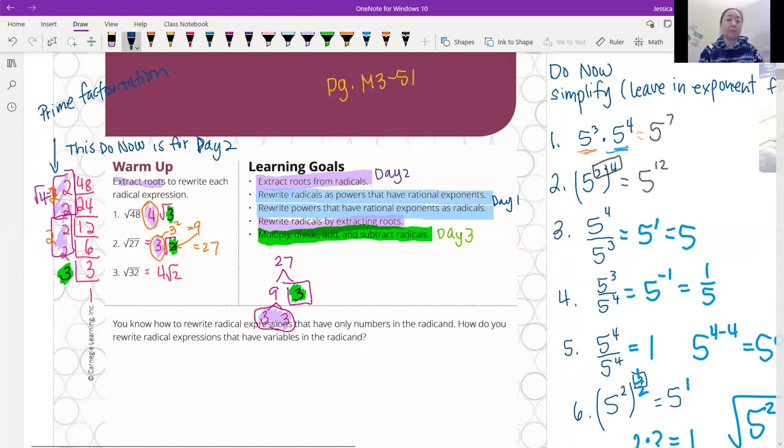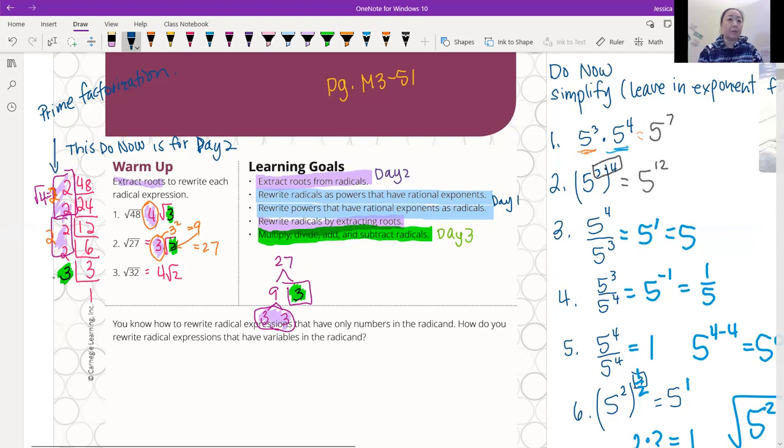Well, 2 goes into 12. And with 12, just keep on using 2. And if 2 doesn't work, then you use 3. If 3 doesn't work, use another prime number like 5 or 7. I usually start with 2 and 3. So 2 goes into 12 6 times, 2 goes into 6 3 times, and 3 goes into 3 once. So we just go until you hit a 1.